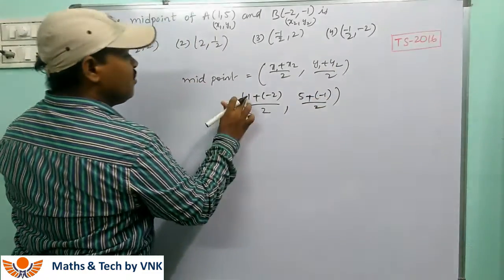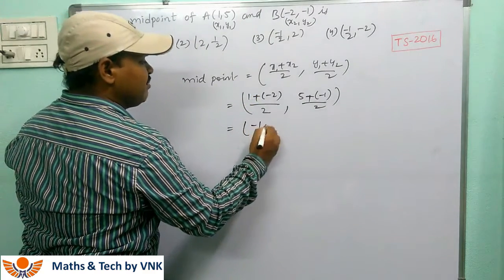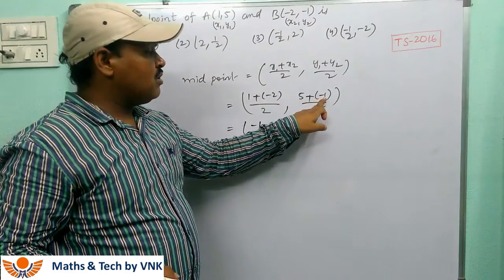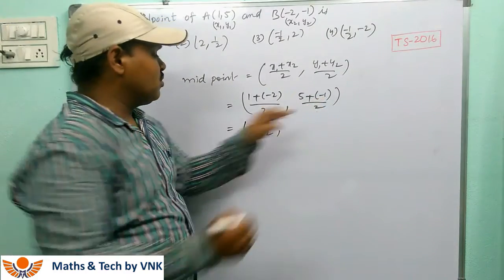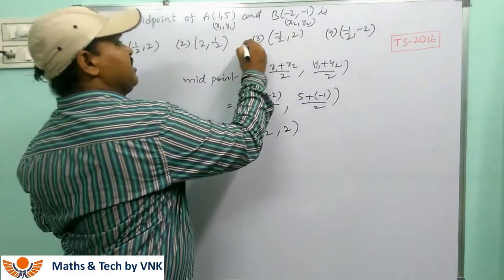So this is equal to (1 minus 2 is minus 1) divided by 2, that is minus 1 by 2, comma, 5 minus 1 is 4 by 2 is 2. So this is (minus 1 by 2, 2). So the correct option is 3.